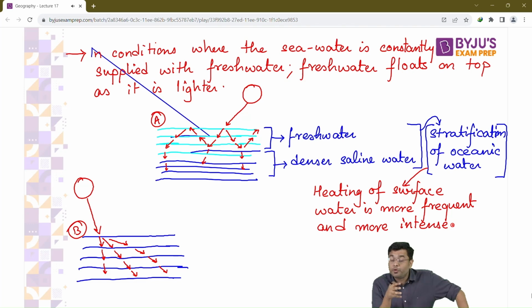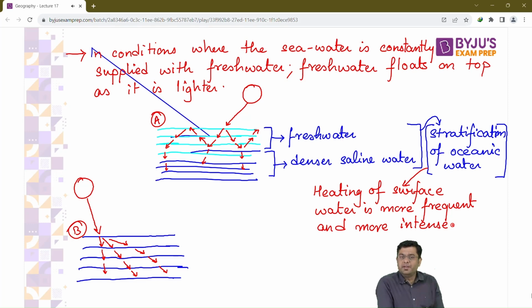In the region of South China Sea also you have a large number of rivers draining into that area. So this is the reason why these areas are much more frequented by tropical cyclones. That is a concept that you don't find in the books, and that is a concept which is important to understand the occurrence of cyclones.